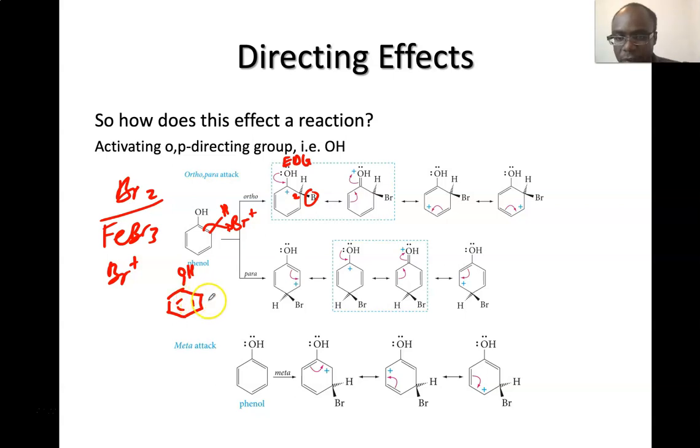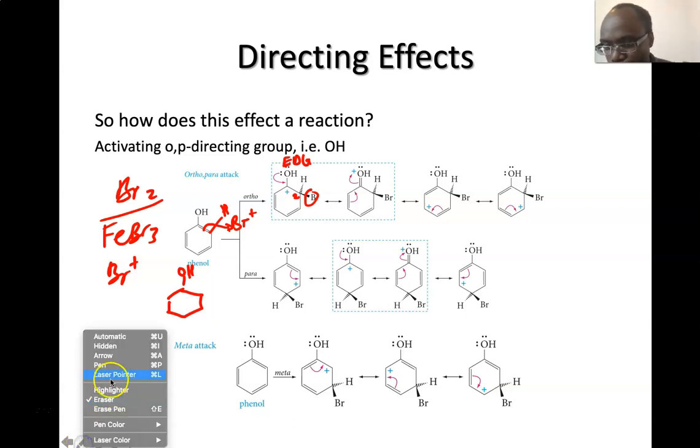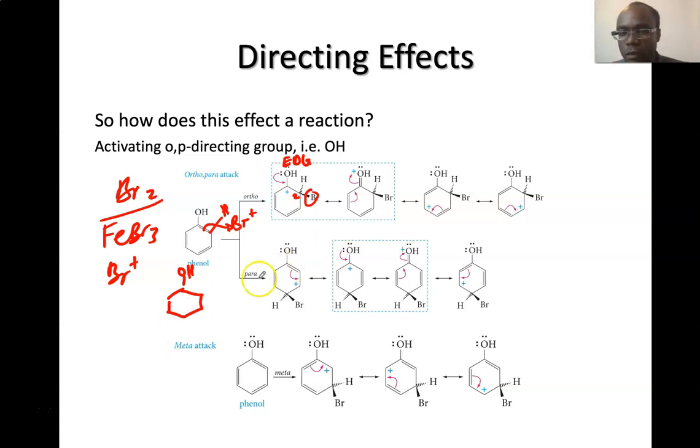let's say we have this ring and we want to do bromination. So the ring will use the pi to attack a Br plus.